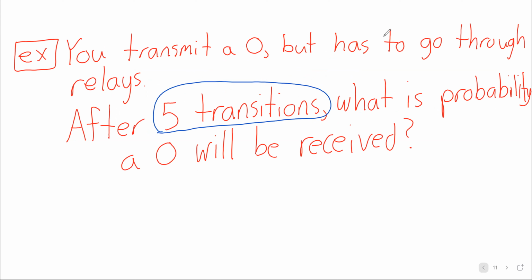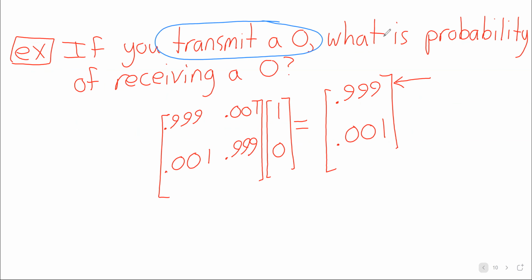So this problem, which would be extremely messy to attempt by hand, is actually extremely straightforward. Because we're interested in what happens after 5 transitions, that matrix gets raised to a 5th power.